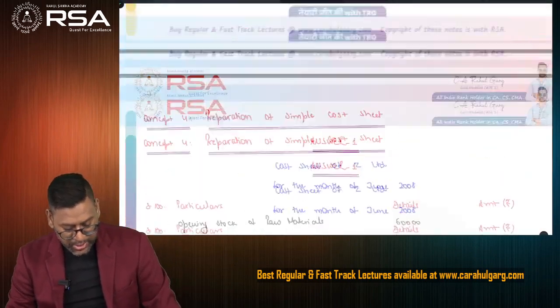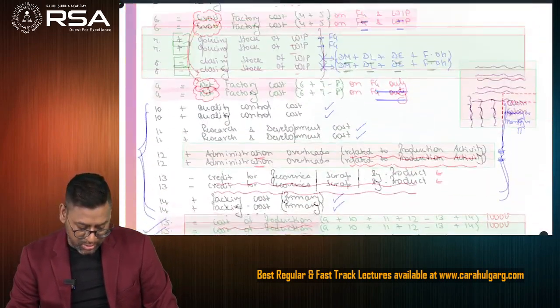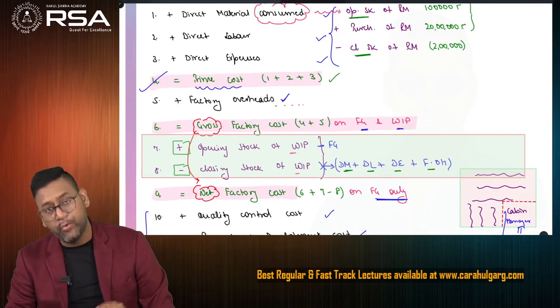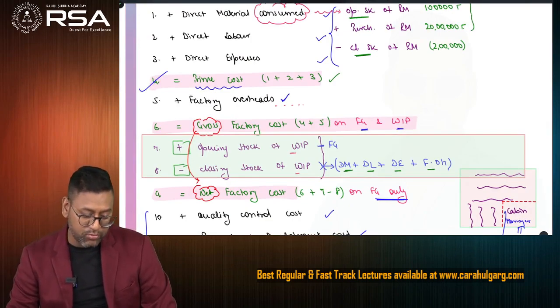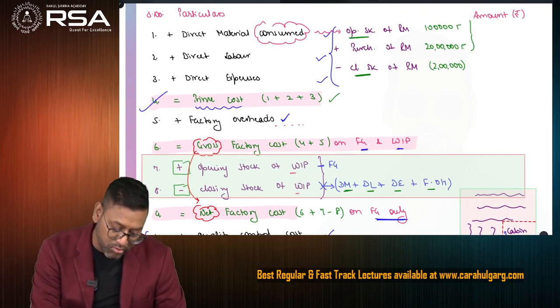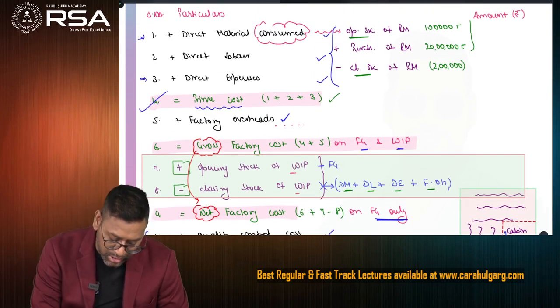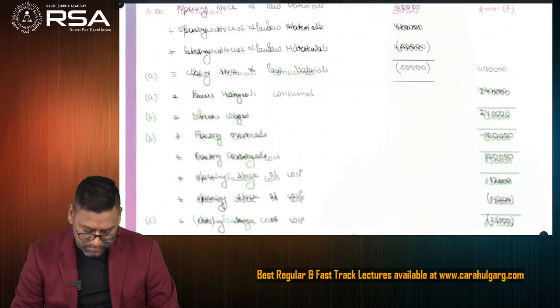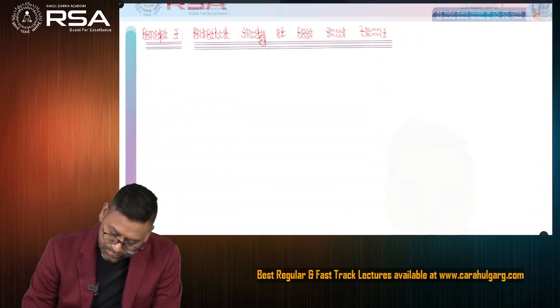So we had given certain numbers over here. I will take the number from here only. We are not going to talk about every point, but about the major important points. For example, number 1, material consumed. We are going to talk about this. Number 3, number 5, and so on. So let's write down first of all, number 1.